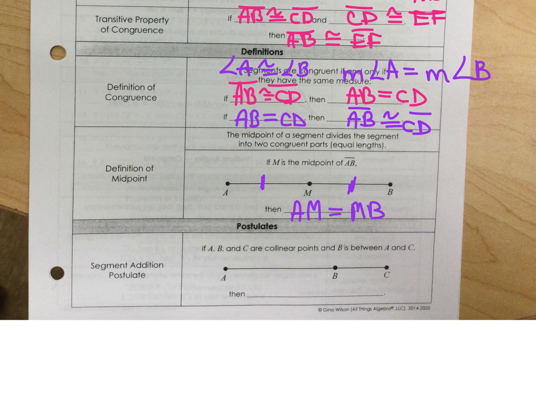A postulate is common sense. You don't have to prove a postulate. We have to prove theorems. So if A, B, and C are collinear, they lie on the same line, and B is between A and C, then I know that AB plus BC equals the whole thing. Piece plus piece equals the whole thing.